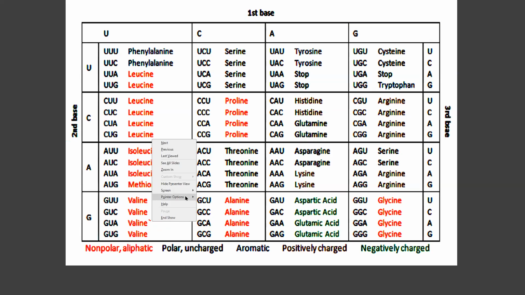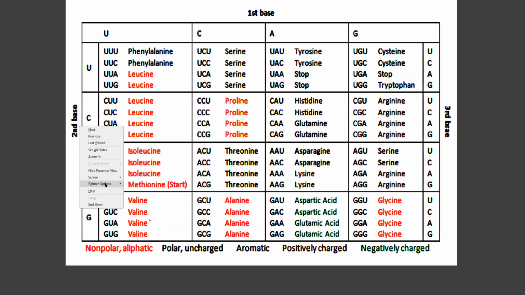All right, just to remind everybody again, what I realized is that the labels we have here are wrong, okay? So this should not be second base. That should actually be the first base. And over here where it says first base, that should be the second base, okay? Just to remind everybody how to read this table again in case you've all forgotten. If you're looking for a particular codon, let's say I want, I don't know, GUA. I want to see what amino acid GUA gives me.